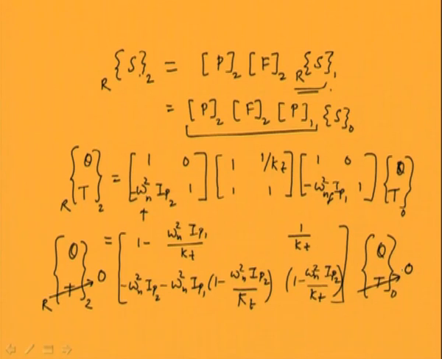So we can equate this equal to 0, also this equal to 0. So you can see that from the second equation, this term has to be 0. Let us expand this in the next slide.